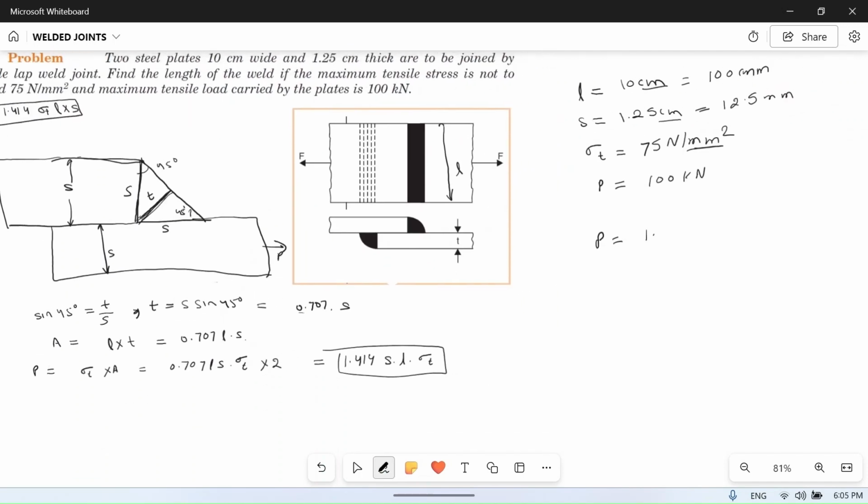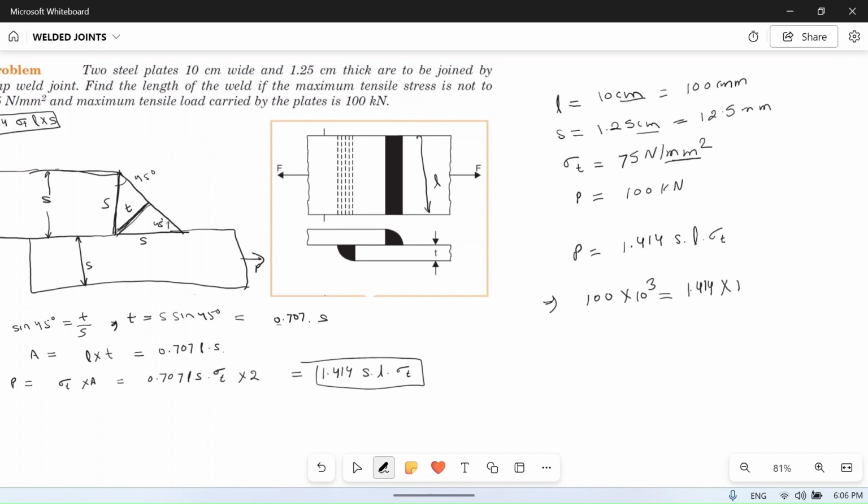If we apply the formula P equals 1.414 S into L into sigma T and put in all the values, then P is 100 into 10 to the power 3 because it is in kilonewton, equal to 1.414 into S is 12.5 into L into sigma is 75. L is given, but that is the total width of the plate. Suppose welding is not complete and goes only up to here.